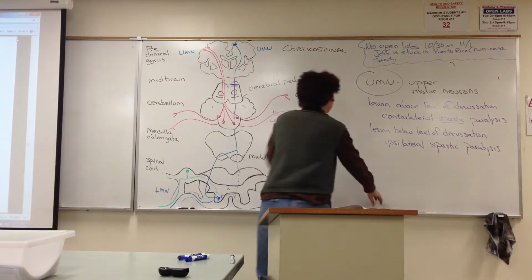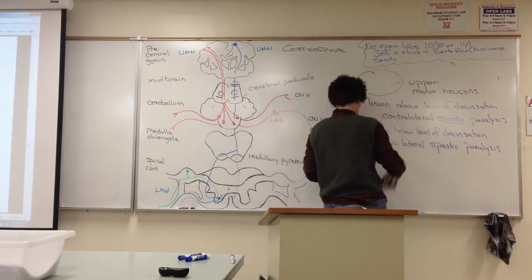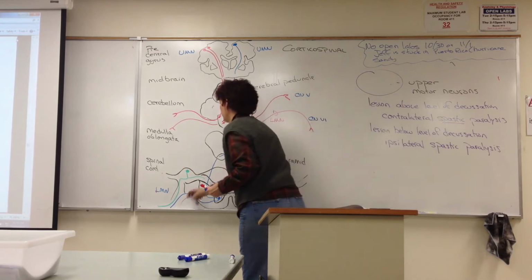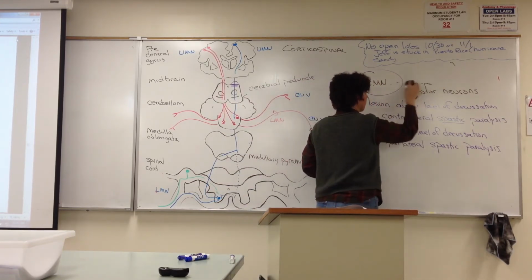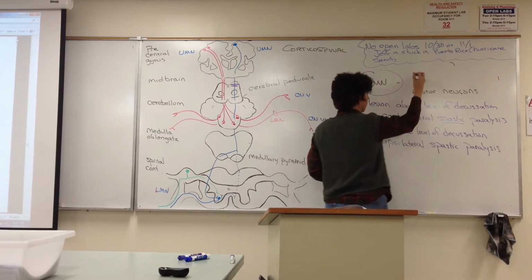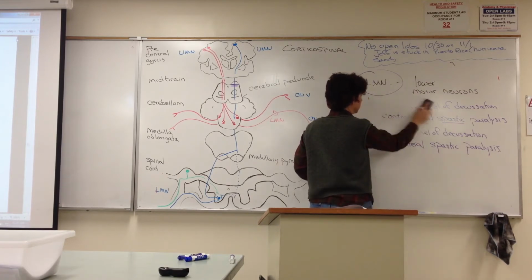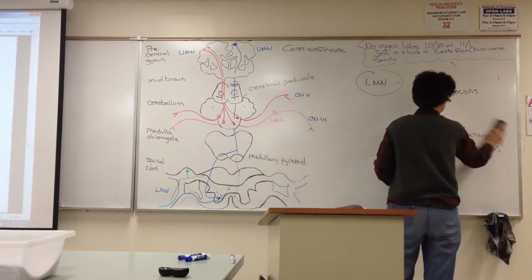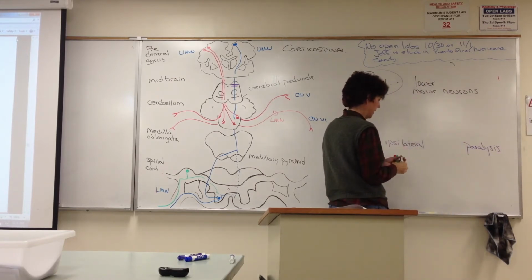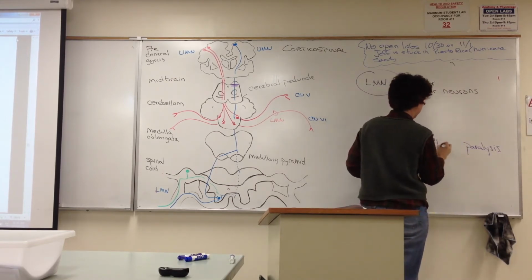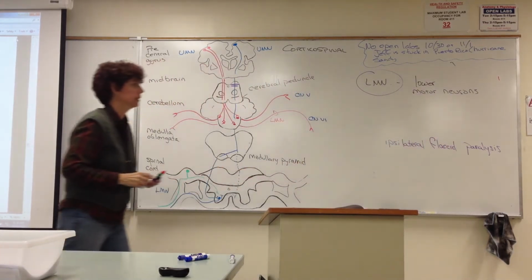So this is the lower motor neuron, and it is always going to be ipsilateral flaccid, because there is no way of getting any current to the muscle itself.